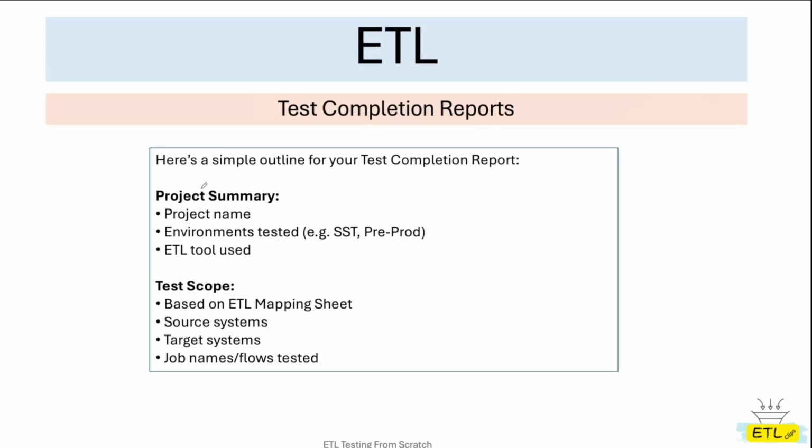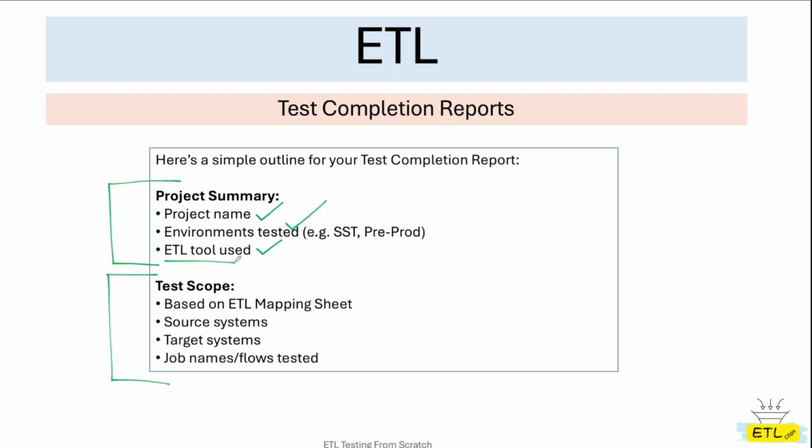Next one is test completion reports. This is the last slide. As a manual tester, you must produce a report after your testing is complete. That will have the project summary and testing scope. Make sure you capture the project name, which environment it was tested in, and what tools were used. On ETL tools, there is a separate video.